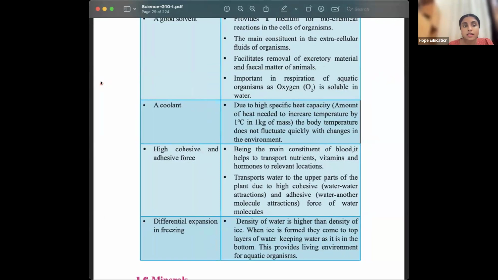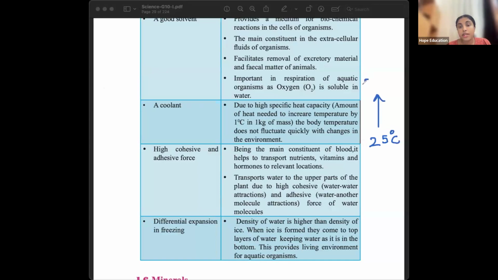Heat capacity means, now let's say you have water at 25 degrees Celsius. Let's say I want to increase this temperature to 26 degrees Celsius. Just 1 degree more for water at 25 degrees Celsius.